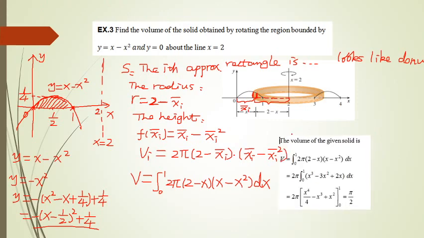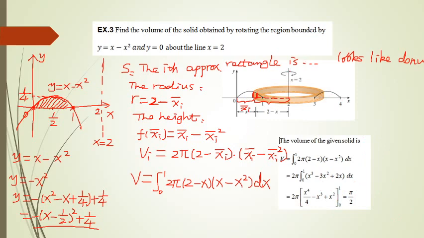So the volume of the given solid will be evaluated in this way, and you get a polynomial, okay? Then find the antiderivative. Finally, we get the volume of this donut is pi half, okay? Pi half.